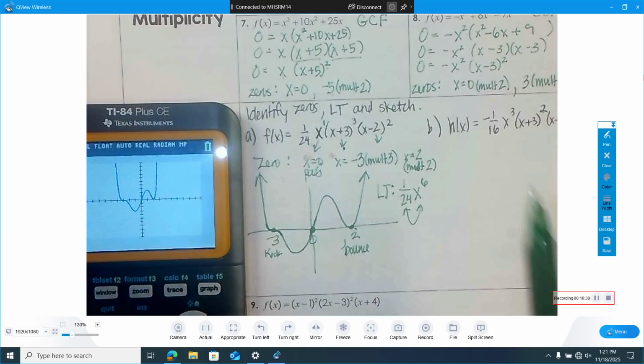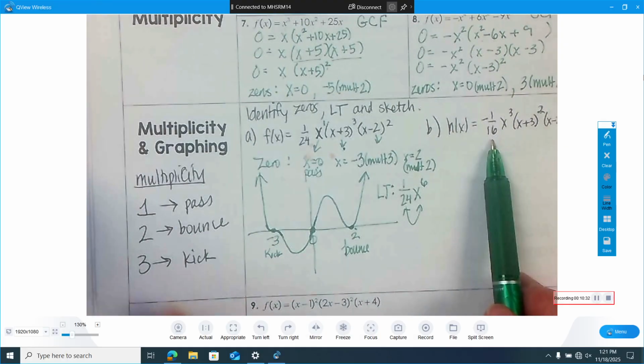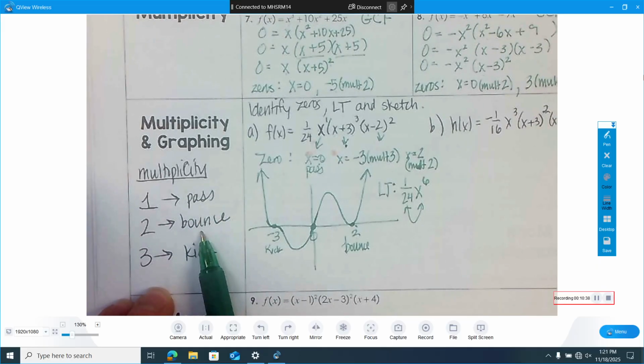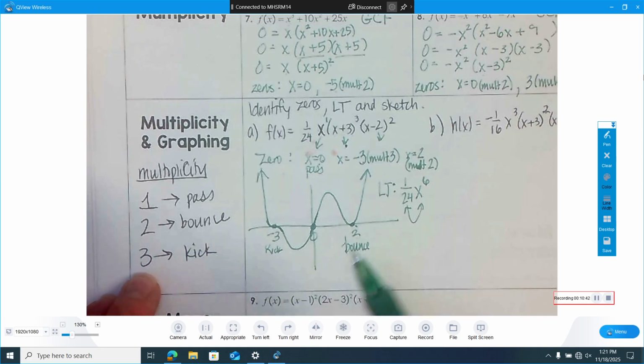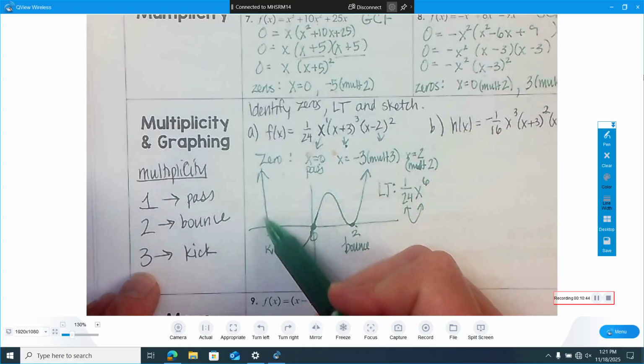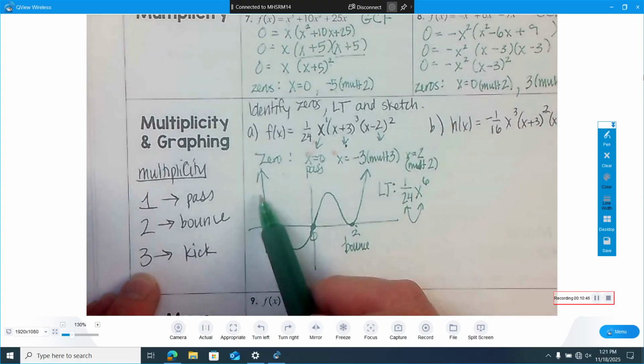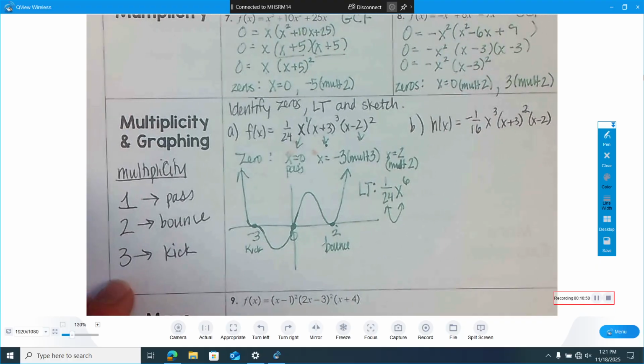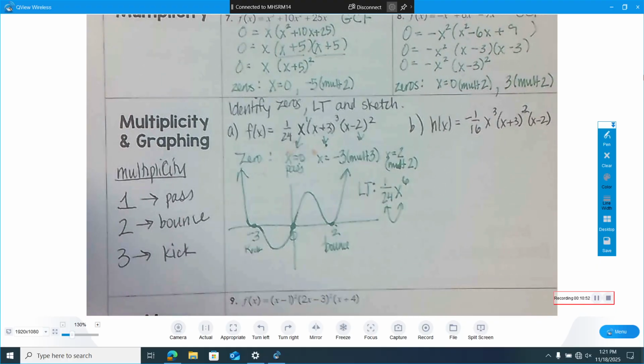And so let's look at B, and you can see again, when we have these multiplicities, they're either going to pass straight through, or bounce if it's a multiplicity of 2, or if it's a multiplicity of 3, it's going to do a little jog to the right, which I call a little kick, all right? It just does a little jog to the right, which is kind of interesting.